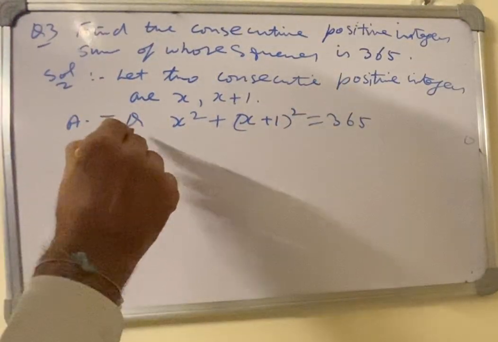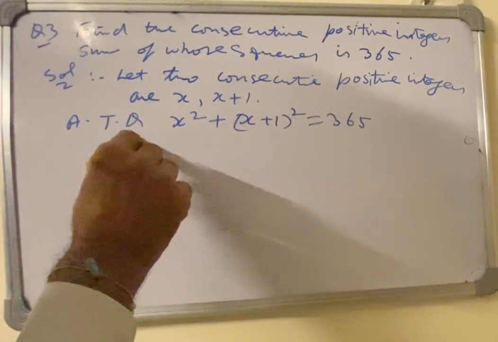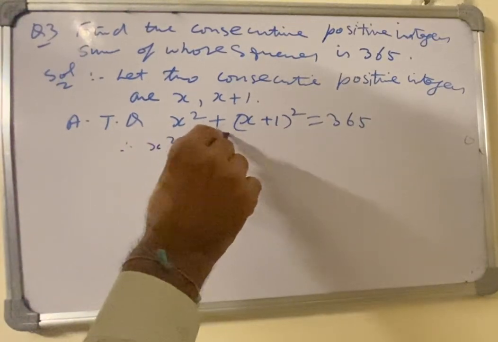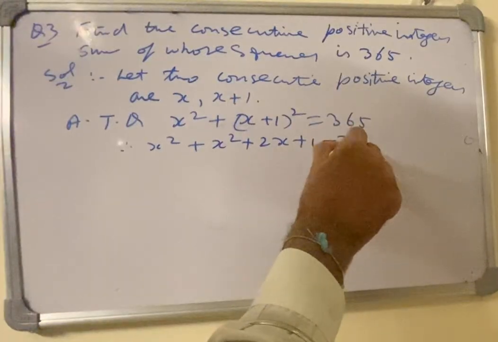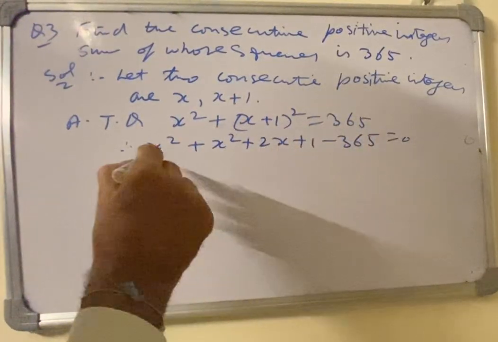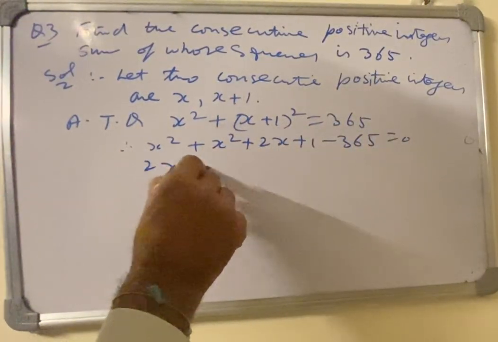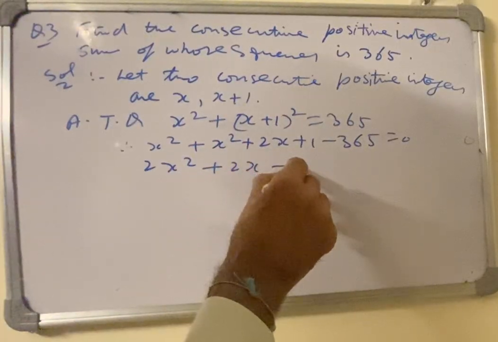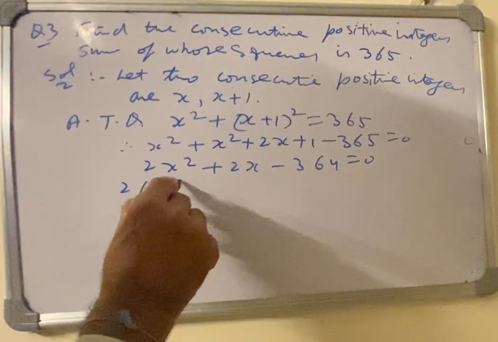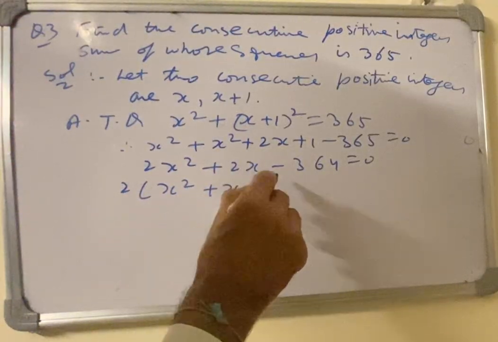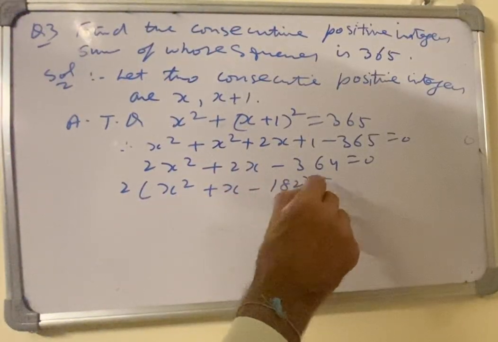Simplify this. Therefore, x square plus 2x plus 1 minus 365 is equal to 0. 2x square plus 2x minus 364 is equal to 0. 2 common. x square plus x minus 182 is equal to 0.